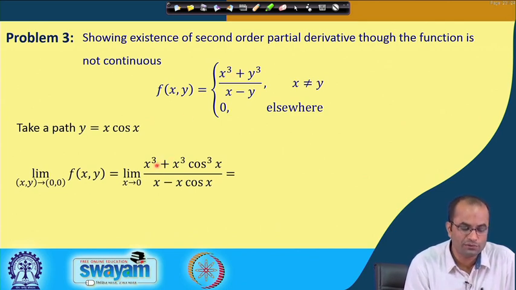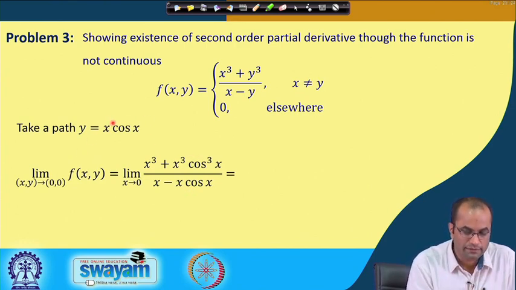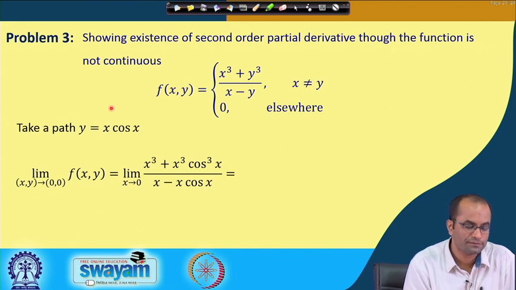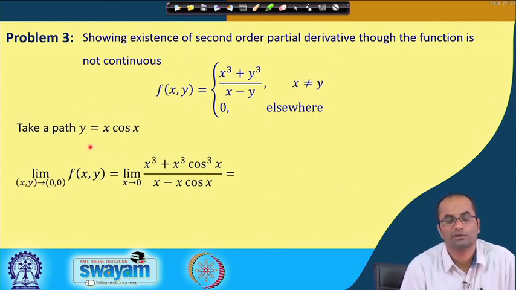So, here x cube and then y cube will be x cube cos cube x, and again note that this will take us to the origin, x goes to 0, y goes to 0. So, this path is correct, it is taking us to the origin, and we are checking the limit here as (x, y) goes to 0 along this particular path, y is equal to x cos x.